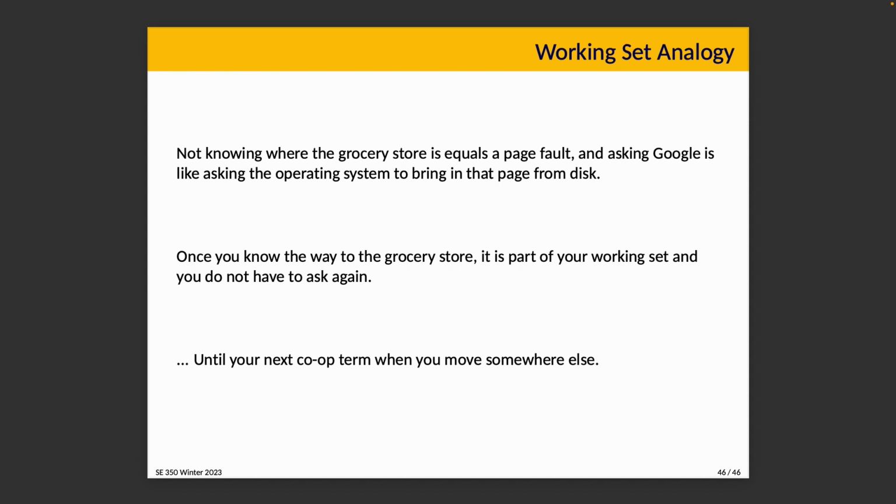The way that this analogy falls down, right, is that after your co-op term in California, you come back to Waterloo and you haven't completely forgotten everything you know about Waterloo. I mean, I hope you haven't. Maybe you have, but presumably you haven't. So you don't have quite the same situation as a program where all of the pages from Waterloo were swapped out, and you would have to swap them all in again.